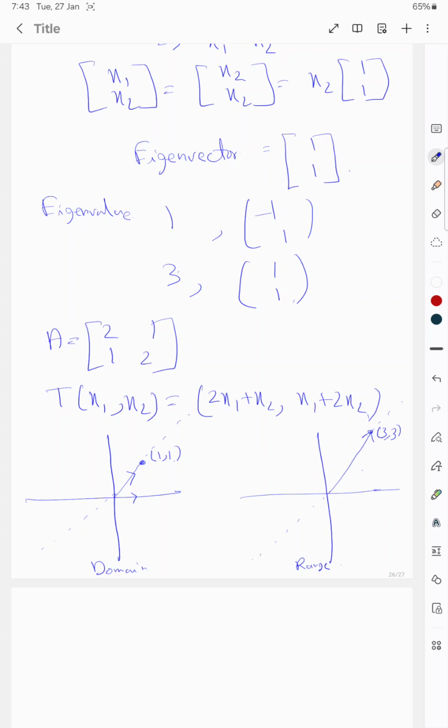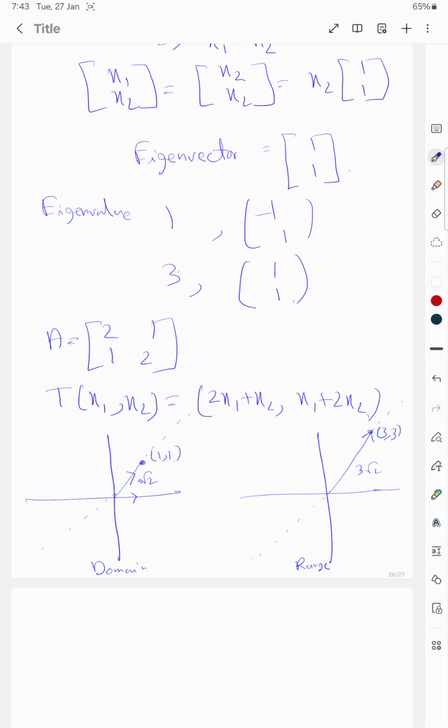Only there will be some stretching or compressing. For example, the length of this is, I think, root 2, and now this length becomes 3 root 2. So you are getting 3 times that. You can find length with the root of x squared plus y squared formula, right? So in the case of an eigenvector, the direction will not change, it is multiplied by the eigenvalue.